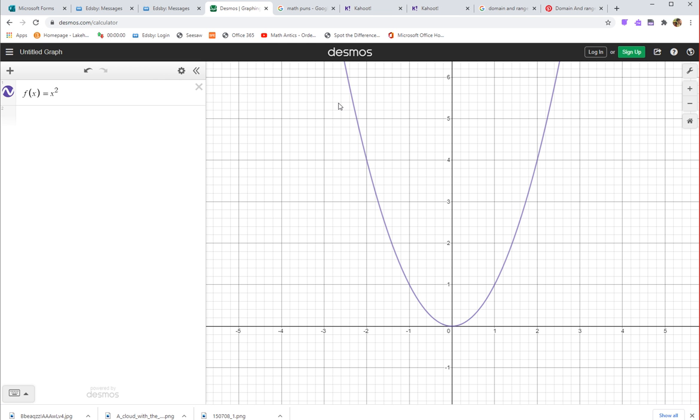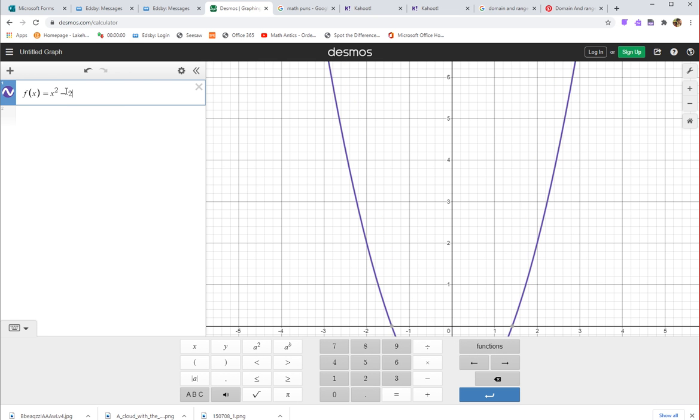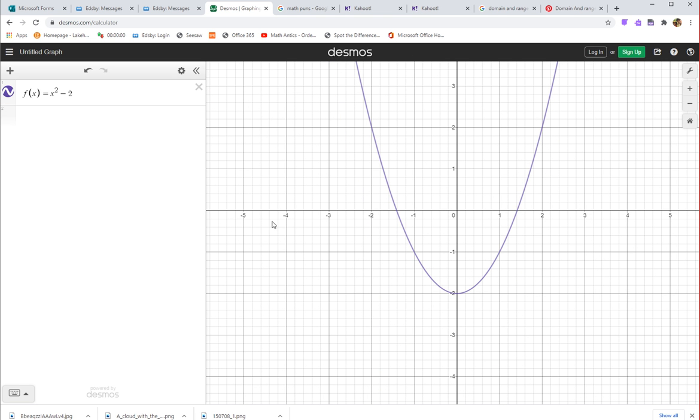But we can't have any y value. We can't have anything that's below that x-axis, right? The graph doesn't exist there. If we had a quadratic, say, that was shifted down a little bit, like this one that I've just done here, now I see I can't have anything below a range below -2.